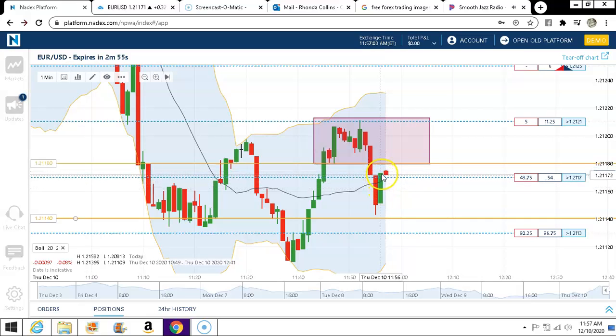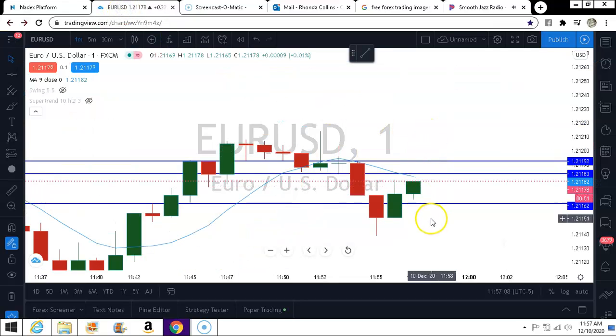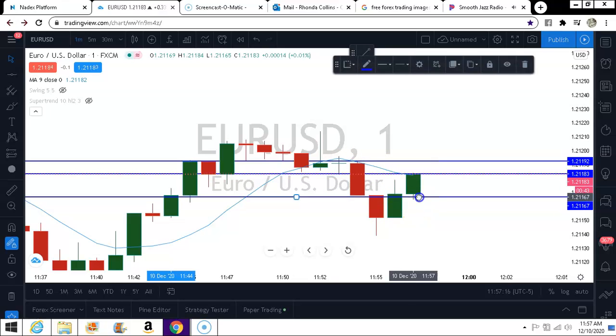So now we have, see how these candles are? So I need to go back to this chart to see whether we literally have a bullish engulfing. Even if it's just by a hair, price closed above this support and resistance line right here.